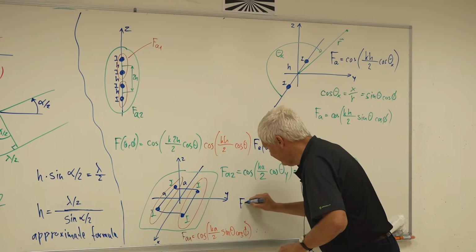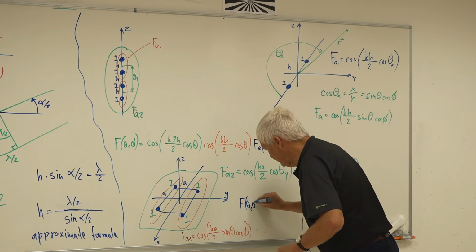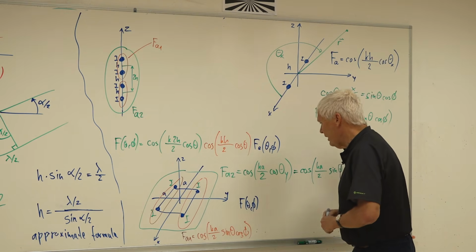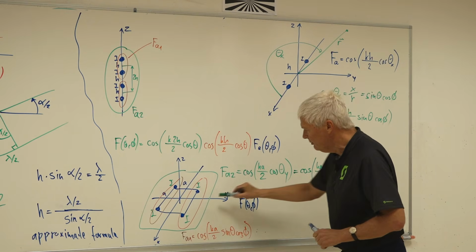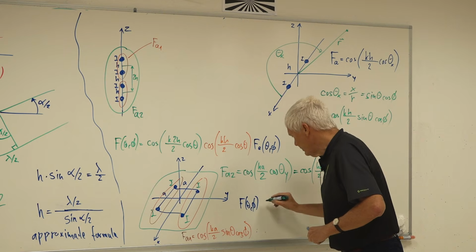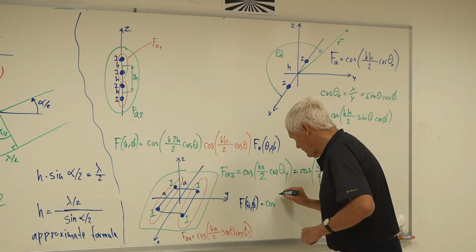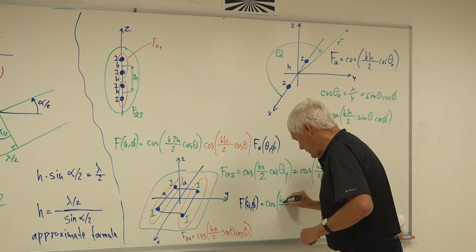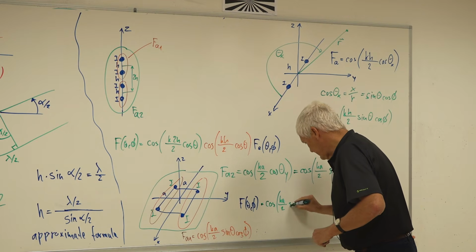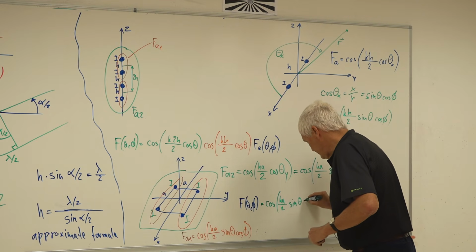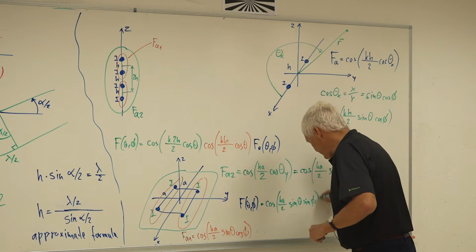So the whole radiation pattern f of theta and of phi we can combine. Now first the outermost combination, this f2, so this is cosine of ka half sine theta sine phi.